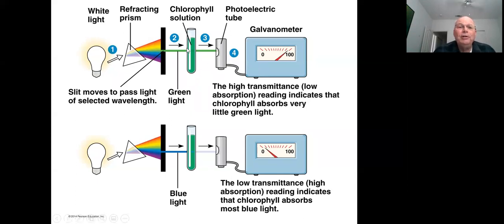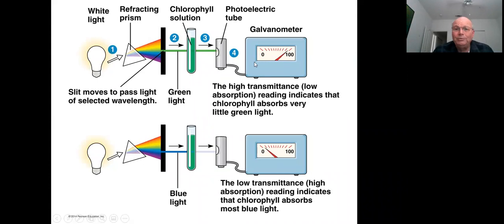If you then put the chlorophyll in a machine called a spectrophotometer, a spectrophotometer allows you to pass light of very specific wavelengths through different solutions. So if you isolate green light from the spectrum and pass that through the solution, it passes all the way through, and you detect the presence of the green light on the other side with a light detector.